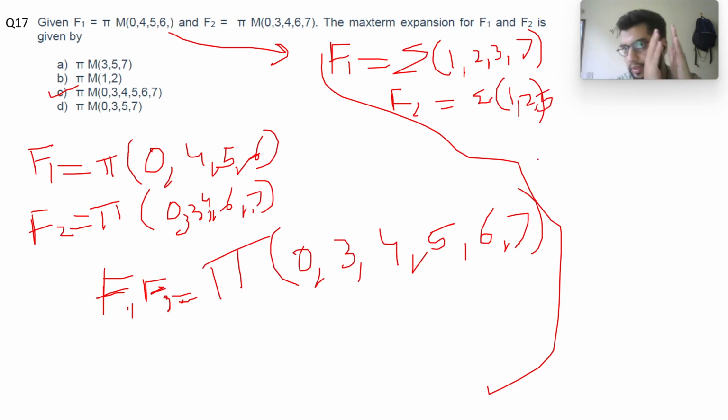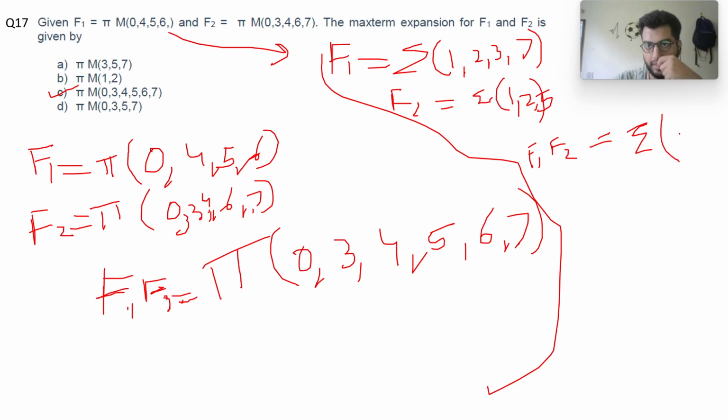Then when you have the SOP expression, when you take the product of F1, F2, only those min terms will come in that sum of product expression which are present in both F1 and F2. That is, F1 F2 is equal to the summation of the minterms that are both present.